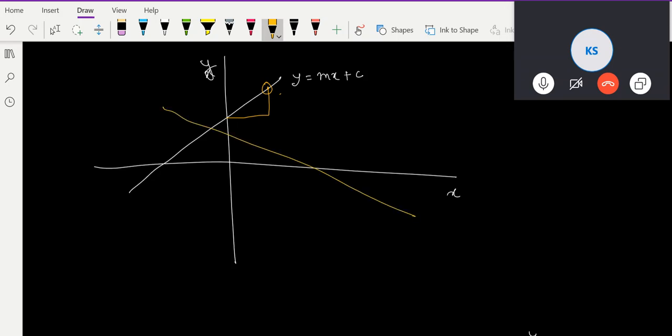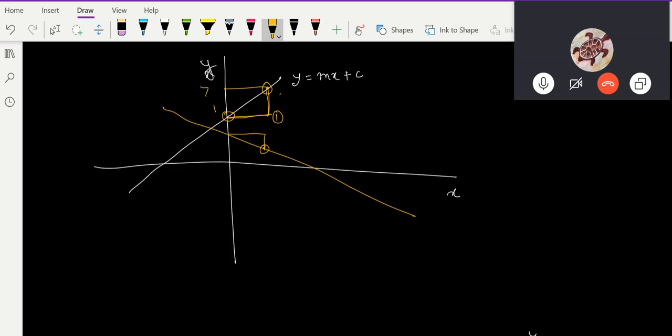But if the line is like this, then if you go from this point in the x direction, y decreases. So the value of y is negative. Are you getting this? Let's say the value of y is 1 here. You go 1 unit along the x-axis, and you reach a point which is higher than 1 for y.